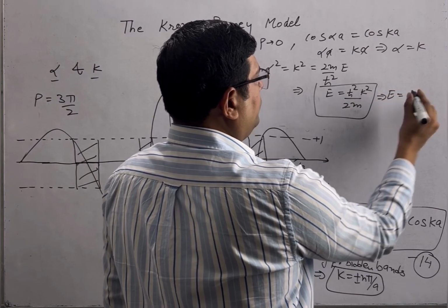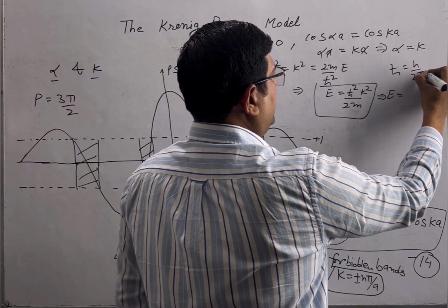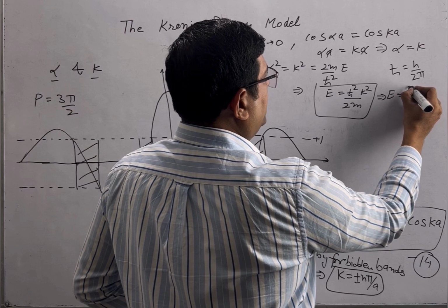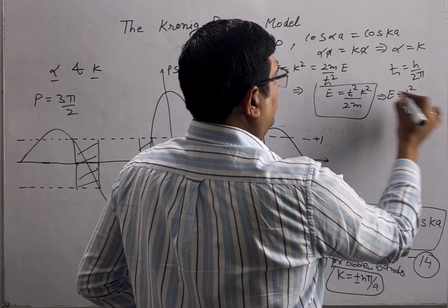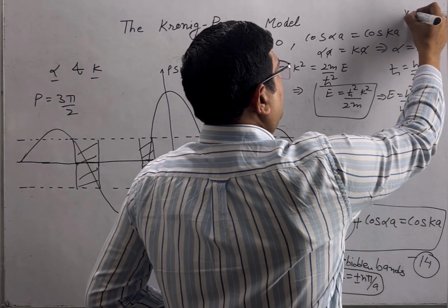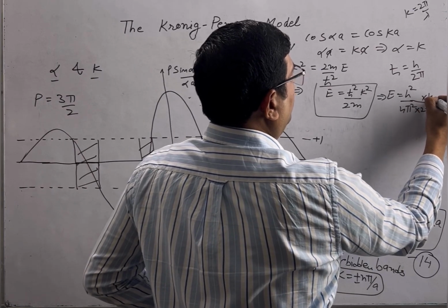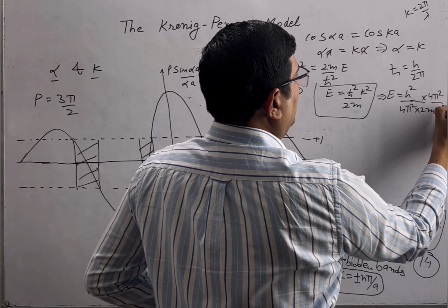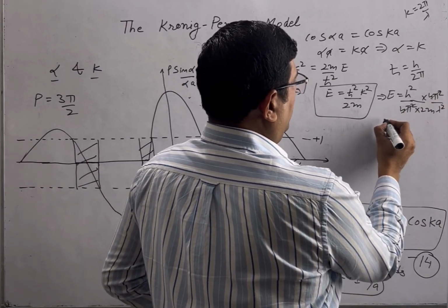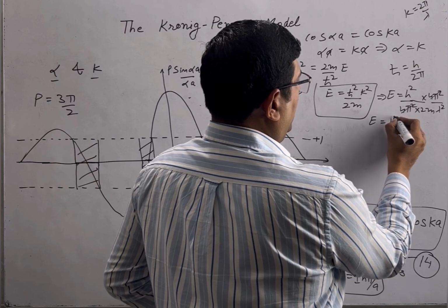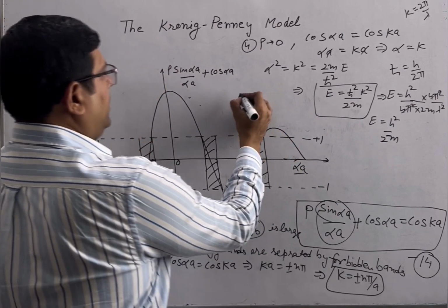Put the value of h cut, that is h cut equal to h upon 2 pi. We get h square upon 4 pi square into 2m. And what is k? k is 2 pi by lambda, and k square will be 4 pi square upon lambda square. Now 4 pi square cancel. We get E equal to h square upon 2m lambda square, and what is lambda?